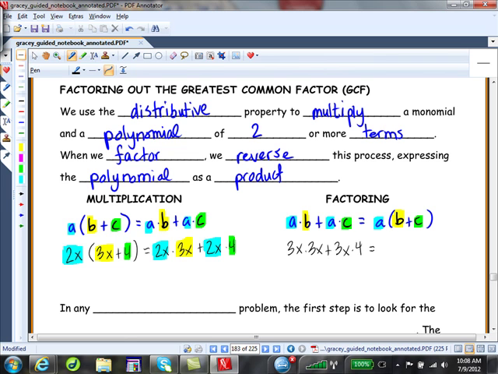Well, my A in this case would be the 3x. So we would get 3x, and then which factor is my B? Good. This 3x represents the B, and then plus 4 is the C.